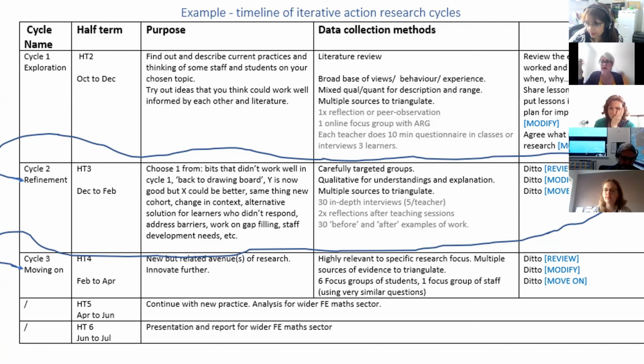That's all it means. So that you've got the staff perspective and the student perspective on the same thing. It's very easy to ask students something and then ask staff something a bit different, and so it's then hard to triangulate or compare. You'll get different perspectives on the same sort of topic. That's all that means there.